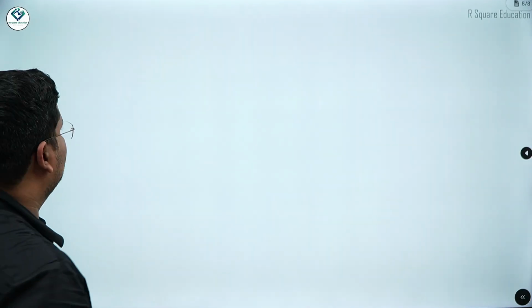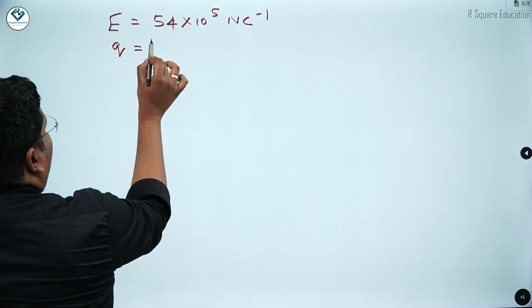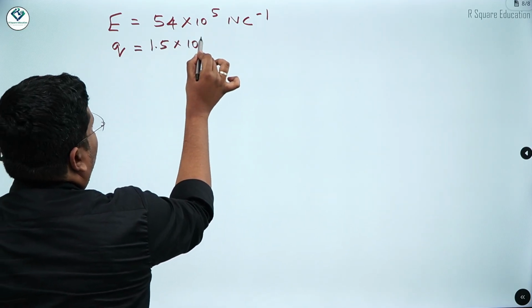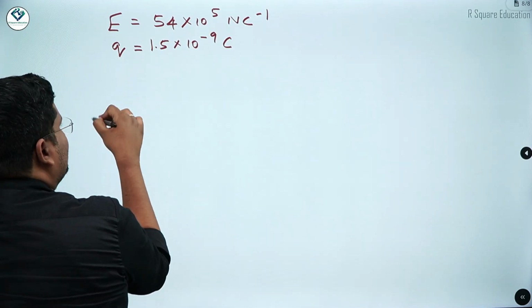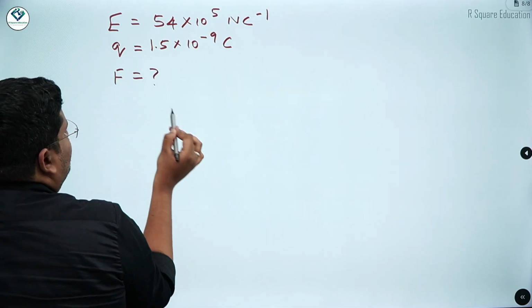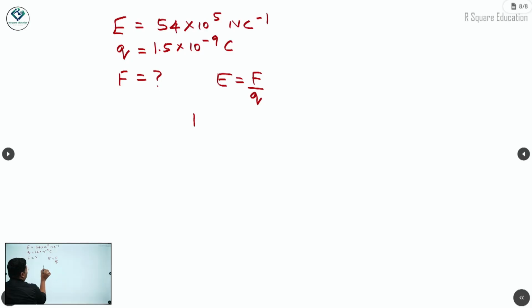Simple. What was the electric field which we got? 54 into 10 power 5 NC inverse. Correct. And how much amount of charge is placed here? 1.5 into 10 power minus 9 coulombs. Correct. Okay, what is the force they are asking, right? So basically you know E is equal to F by Q. So what will be F?